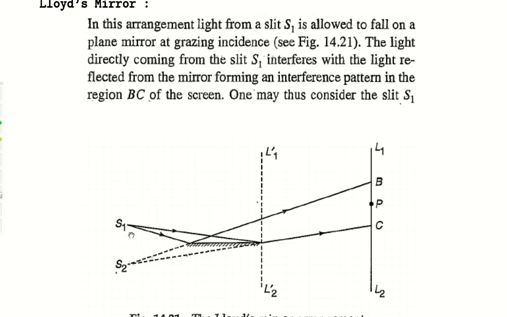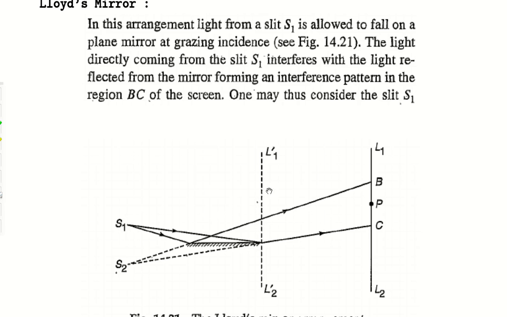Now S1 and S2 will surely be coherent sources, because S1 gives birth to the point S2, so the phase relationship will be constant with time, and they will be treated as coherent sources. And see what the overlapping region is.